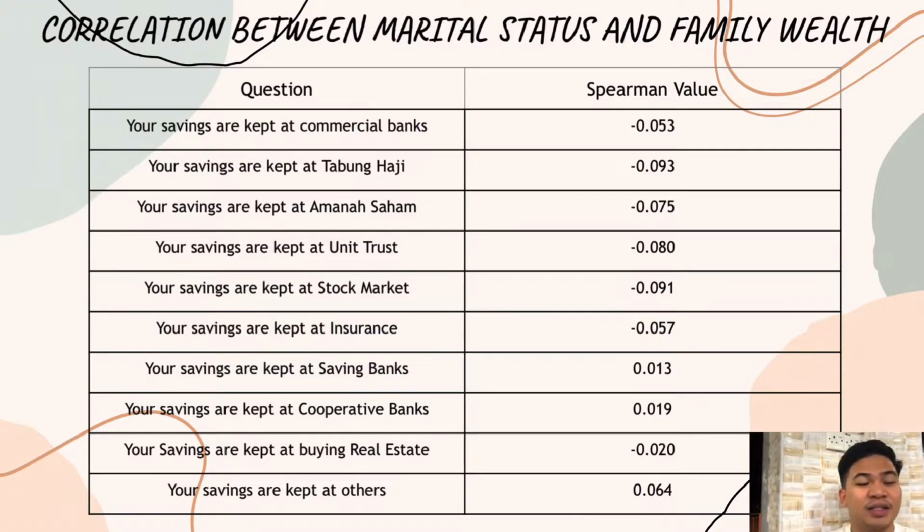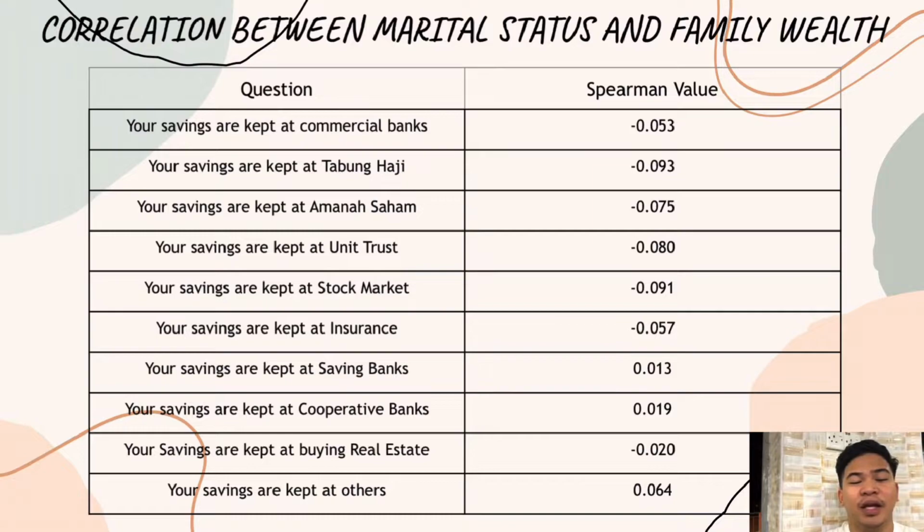After that, savings that are kept at savings bank show weak positive interaction with the Spearman value 0.013, and Spearman value 0.019, and savings that are kept at cooperative bank show weak positive interaction.